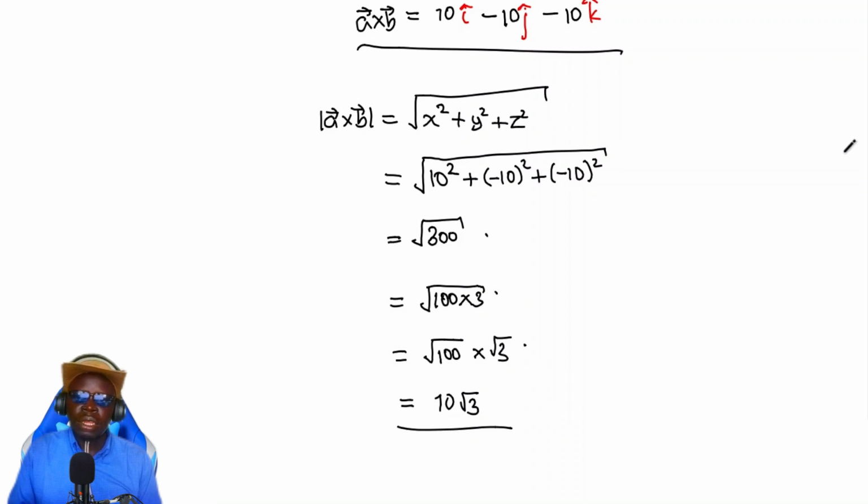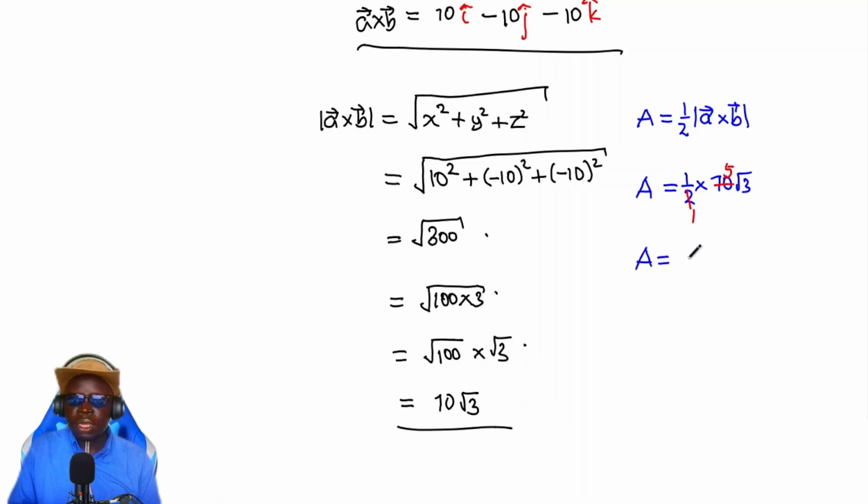Now finally, we can get our area from what we stated earlier, that is 1/2 times the magnitude of this vector, so that is A cross B, its magnitude. If we substitute in 10 root 3, you can see that we can reduce 10 by 2 to 5. And when we divide this, our area is 5 root 3 square units, as indicated for us there.